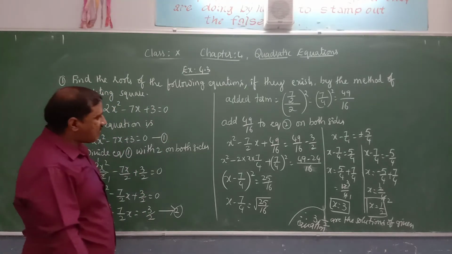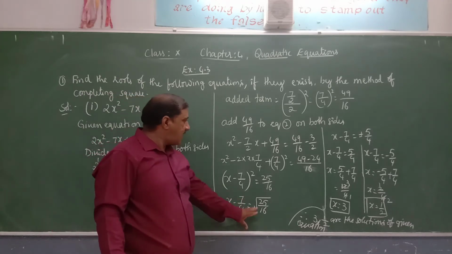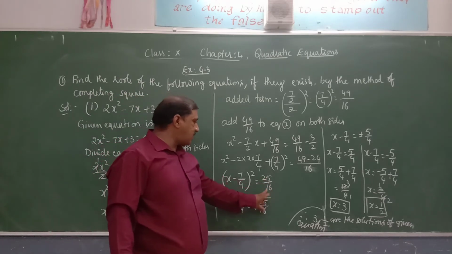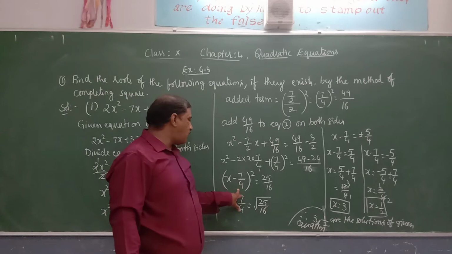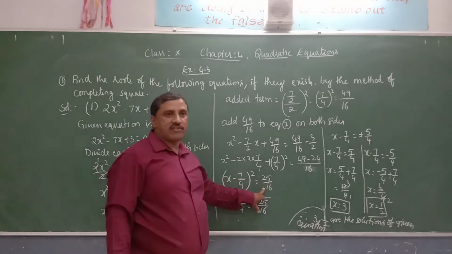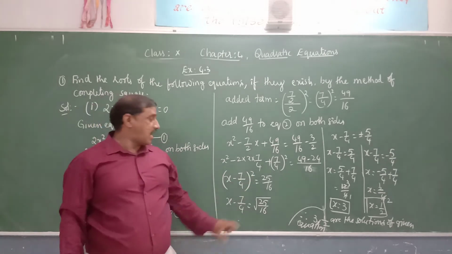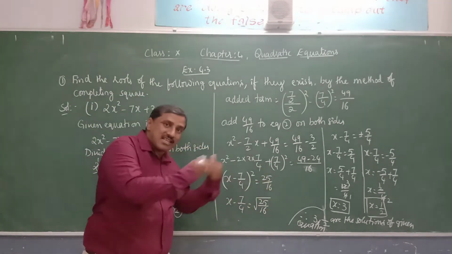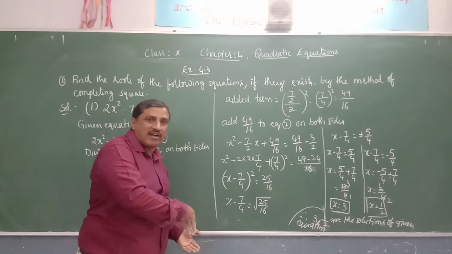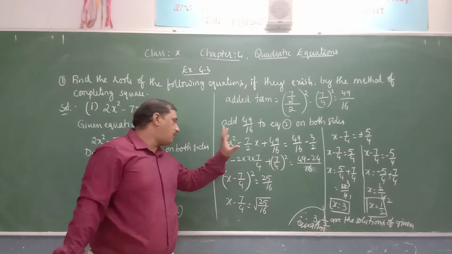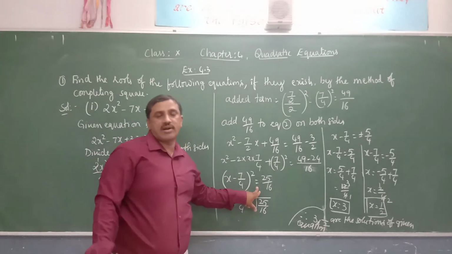So here, what is the value which we got on the right hand side? We got x minus 7 by 4 whole square is equal to 25 by 16, which is a positive value. Therefore real roots will exist. If this value is less than 0, that is a negative value, then real roots do not exist.